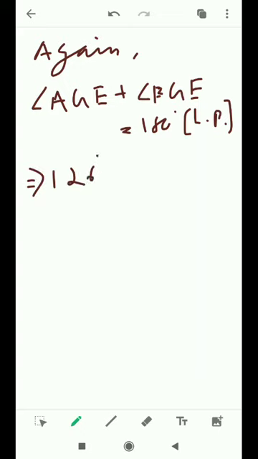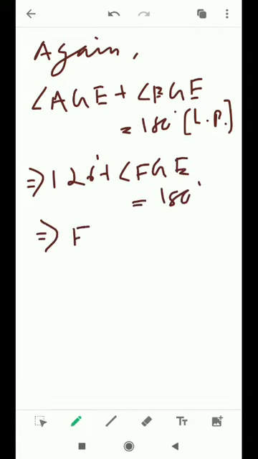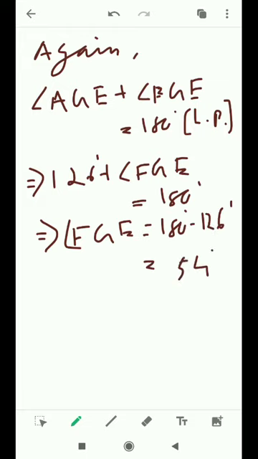AZE is 126 degree, FZE is not there, need to find out. So angle FZE is 180 minus 126, 54 degree. So the three angles which we needed to find, we have already found out.